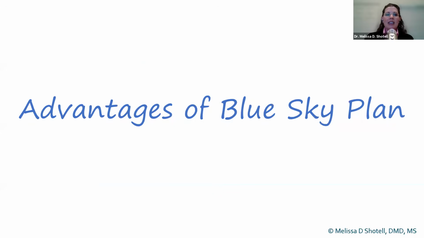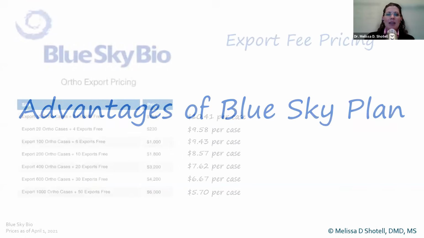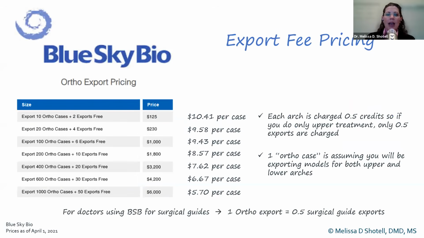So let's look at the advantages of utilizing Blue Sky Plan. As I mentioned, there is a very low export fee per case. And in the Blue Sky Bio and Blue Sky Plan model, you're able to purchase exports in different quantities. We can see here the minimum starts with 10 ortho case exports.